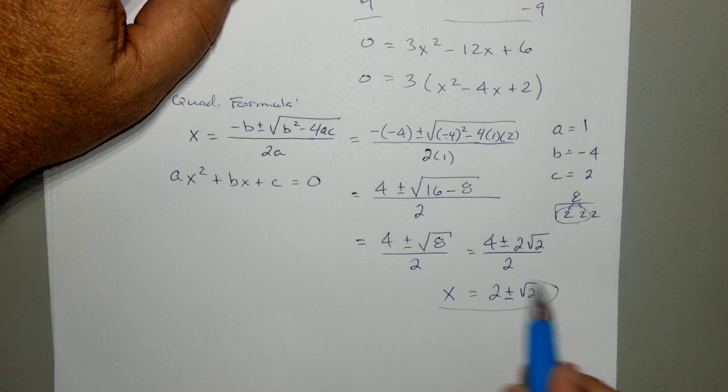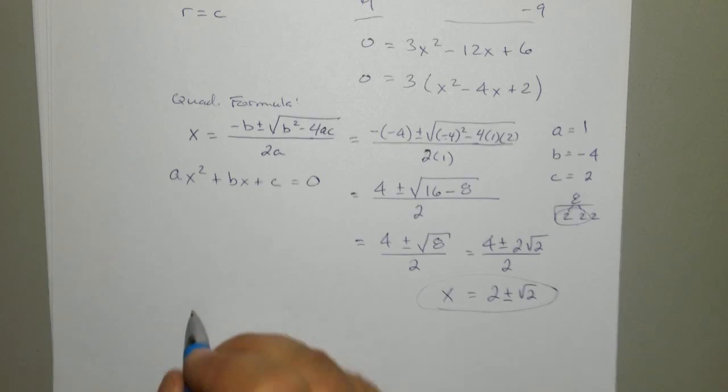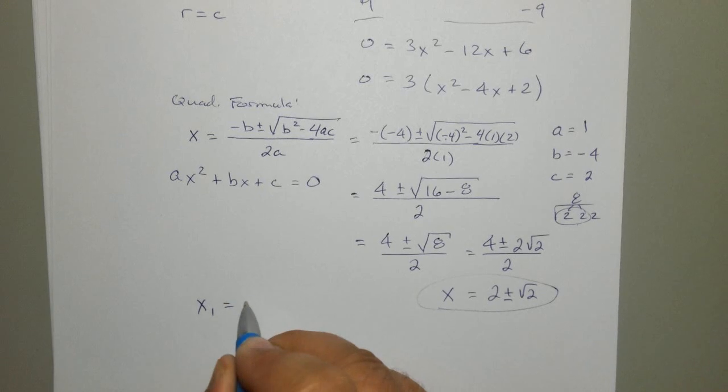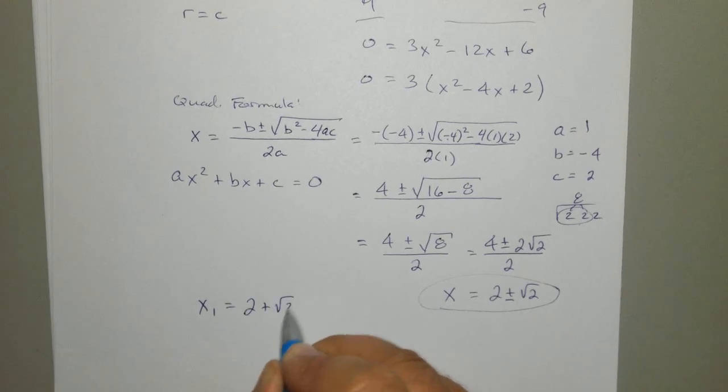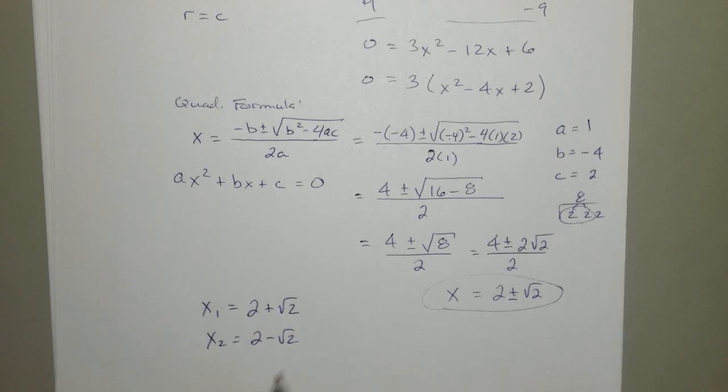So our x values are 2 plus or minus radical 2. x1 is 2 plus radical 2. x2 is 2 minus radical 2.